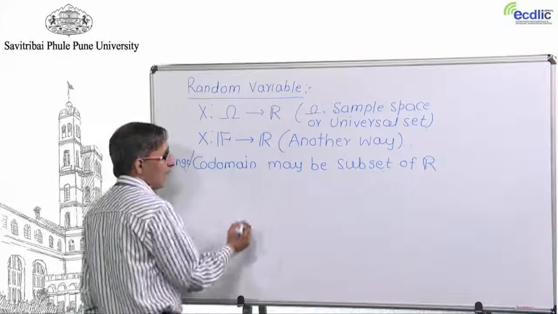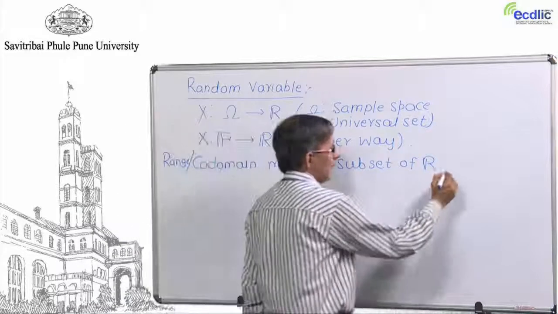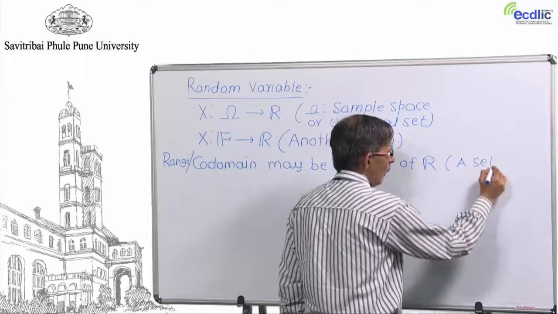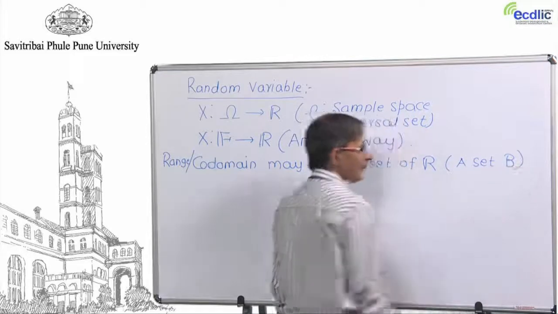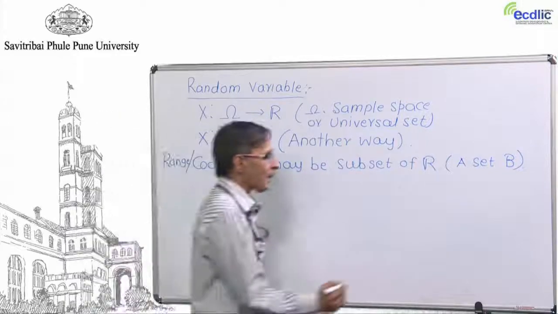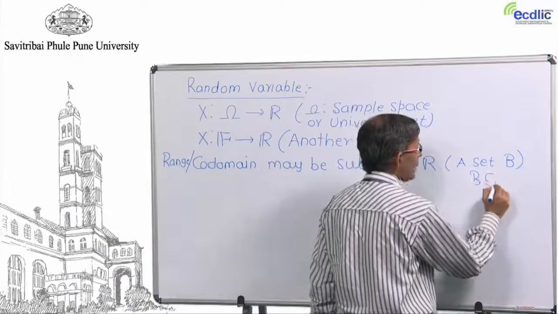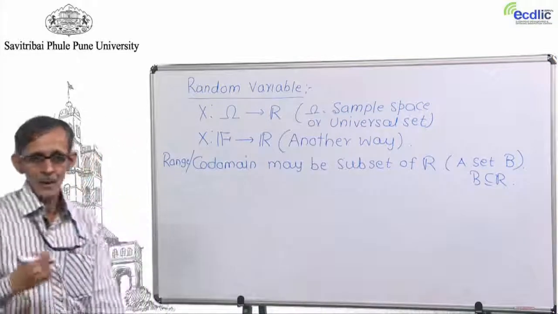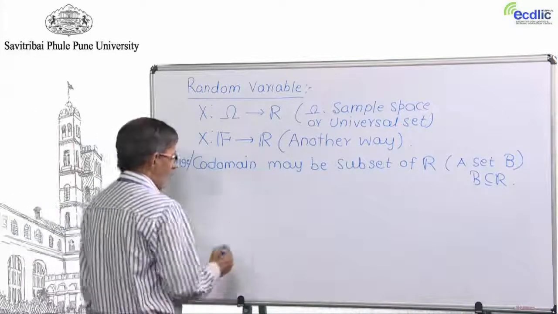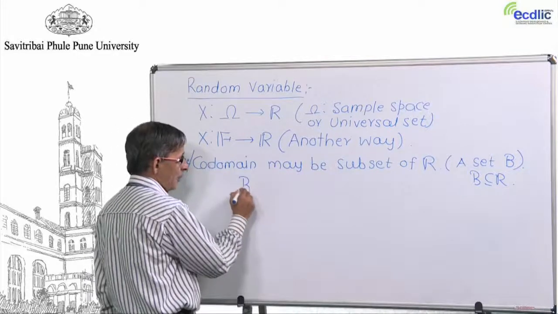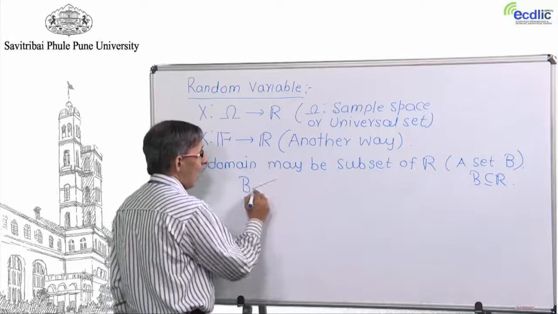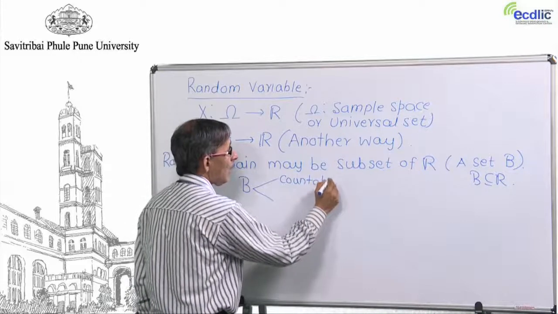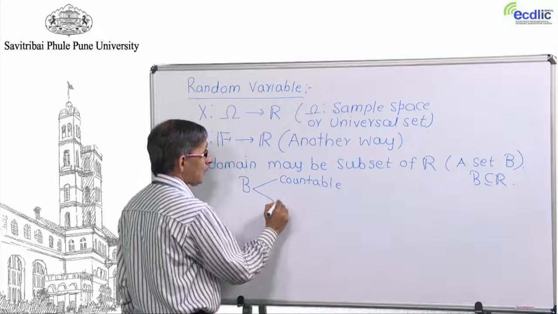So, now instead of R, let us denote it by a set A or set B, say, which is a subset of R, and that is acting as the range or codomain for the function X. Now, you can categorize this. B could be either countable or it could be uncountable.